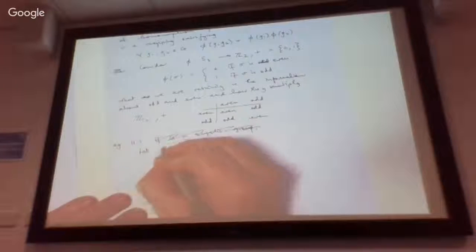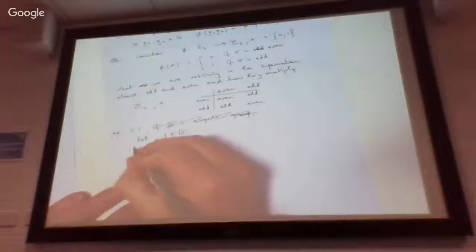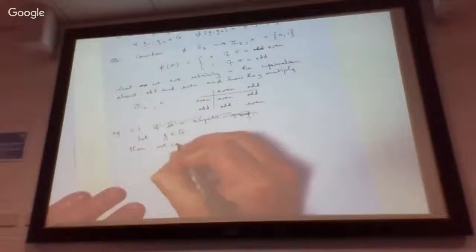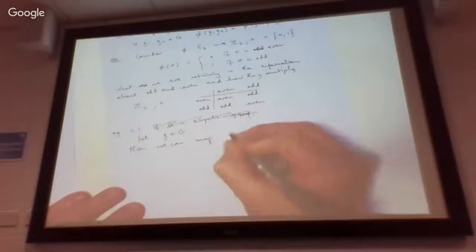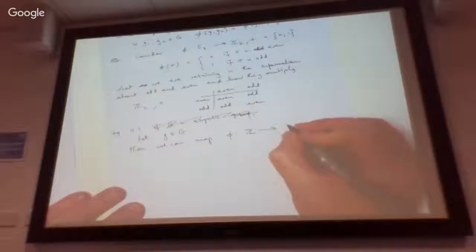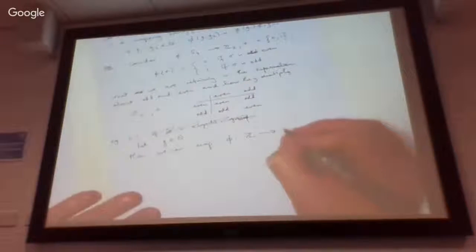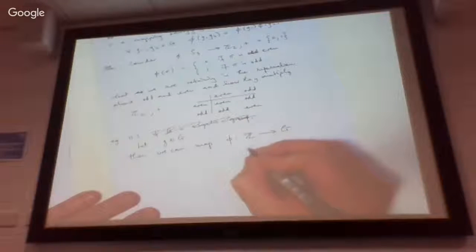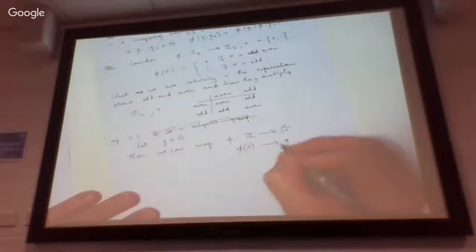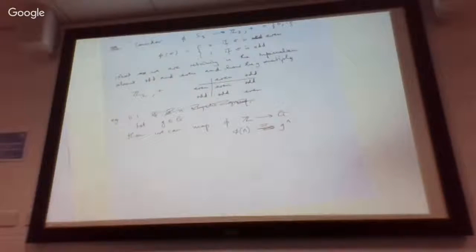So let an element small g be in a group G, then we can define a map from the integers to G by mapping any integer n to g raised to that power n.